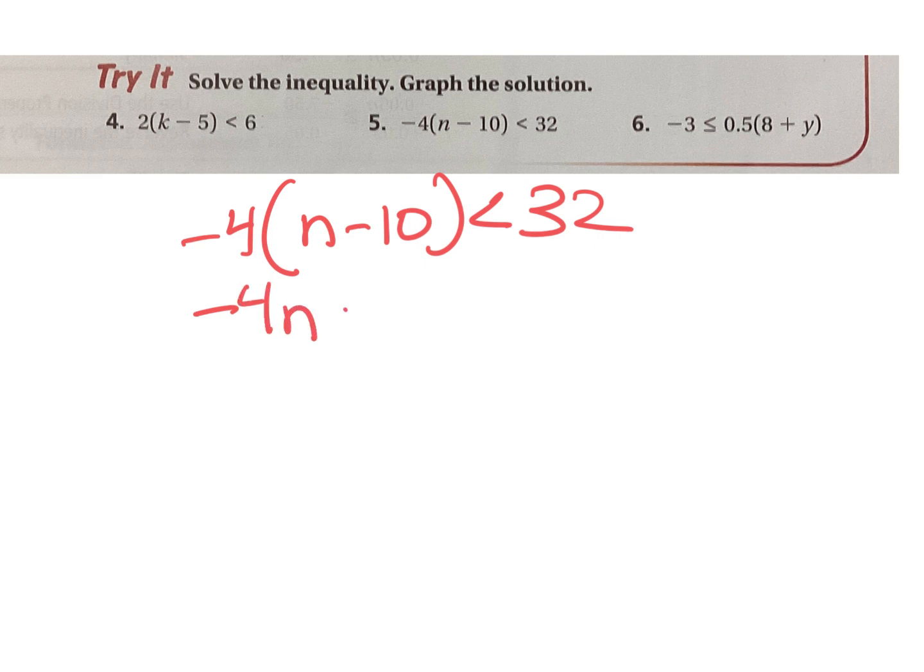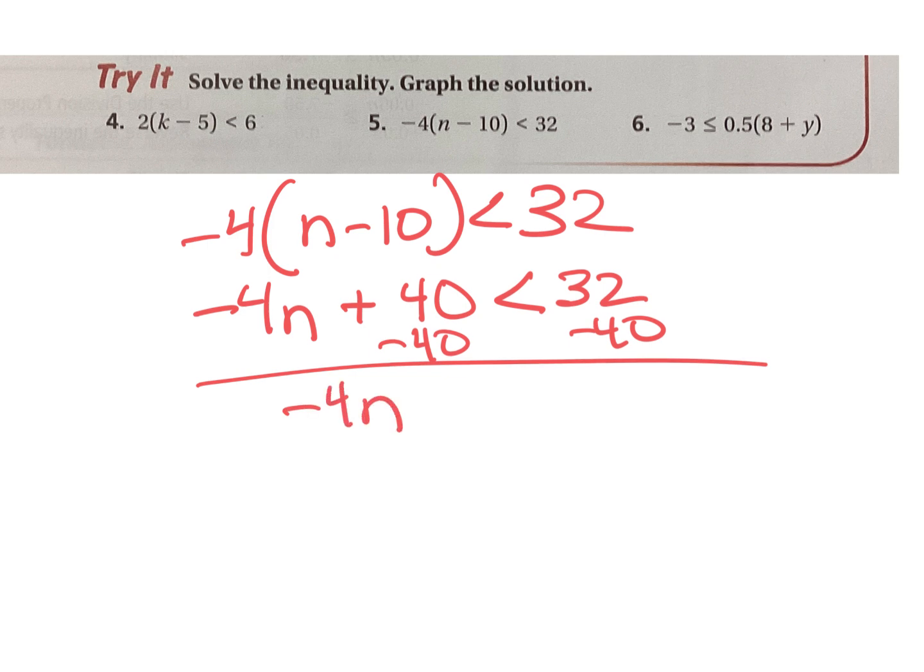Negative 4 times negative 10 is plus 40 is less than 32. Now I want to get rid of this plus 40, so I minus 40 on each side. That gets me negative 4n less than negative 8.